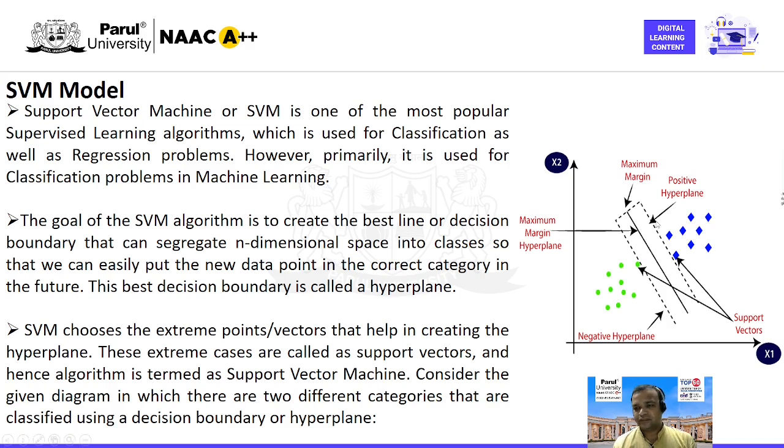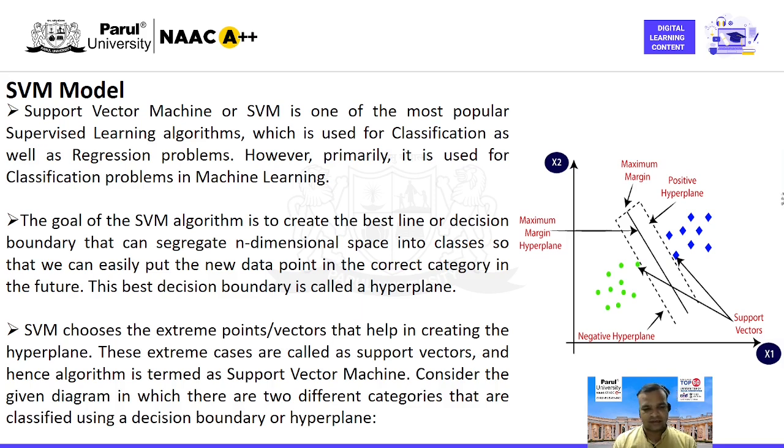There is some space between the positive hyperplane and the negative hyperplane. That's called the hyperplane margin. That is the reason this algorithm is named support vector machine, because this model works totally depending on the support vectors.